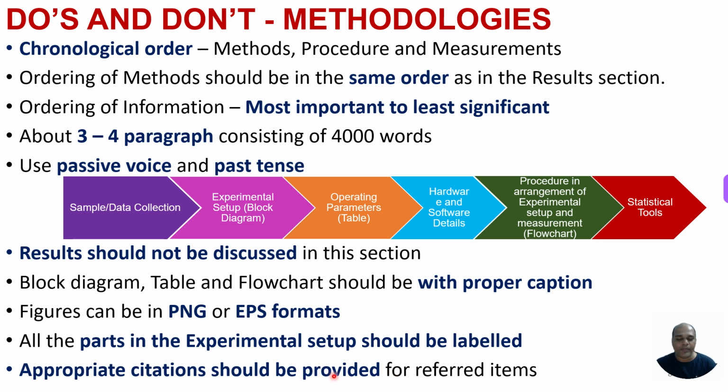Appropriate citation should be provided for referred items. If we are not the owner of that item, it is always better to put proper citation for the content which we took from other research articles or websites. So proper citation should be provided.